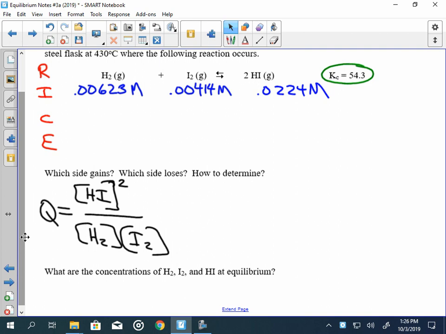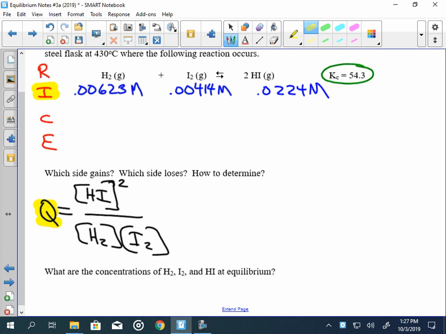Q, I always remember it as this, whether you agree or not. Q is all about I, the initial. The way I remember it is, if you're smart, I guess you're supposed to have a high IQ. I don't know if that's true or not, but I remember IQ. The Q is attached to the initial molarities.